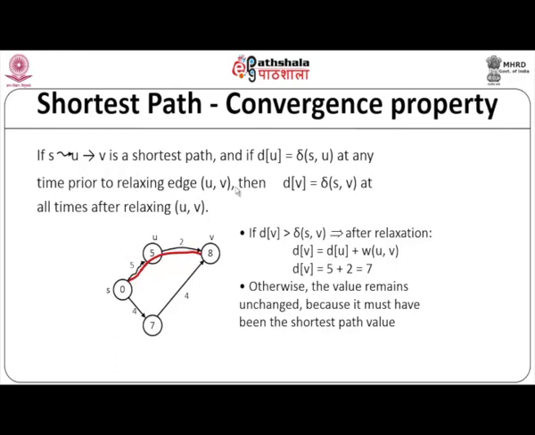In this case dV will become 5 plus 2. Initially the value at node v was 8, that is dV is 8. After adding u, you will get 5 plus 2, which is 7. Otherwise the value remains unchanged because it must already have been the shortest path value.